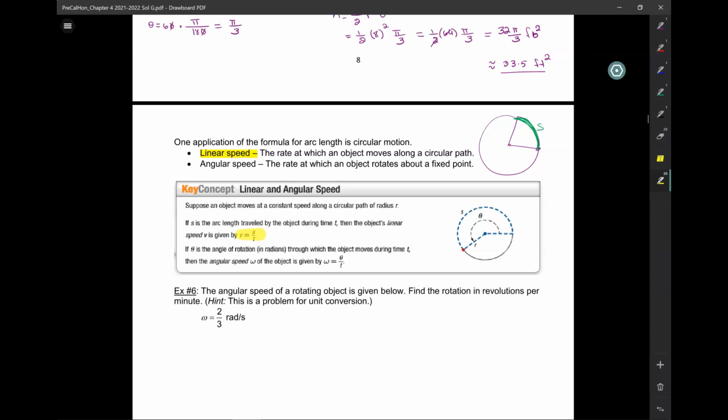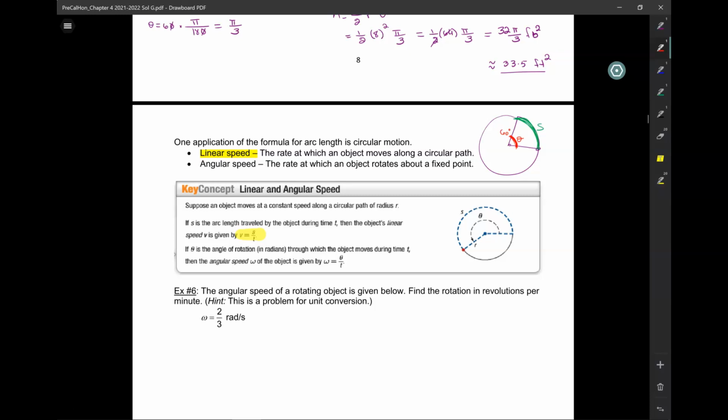Now, in walking along that green path, what are you also doing? You're also rotating about an angle theta. You're making that rotation. So suppose that angle theta was 60 degrees. How long does it take you to cover that angle of 60 degrees? 60 degrees divided by the time it took you to cover that.